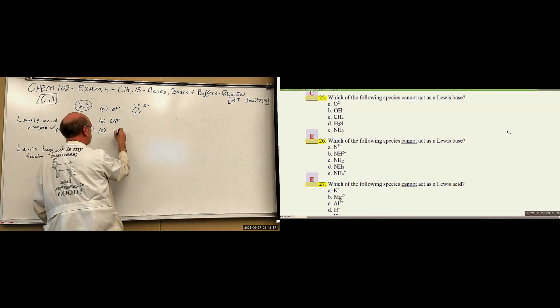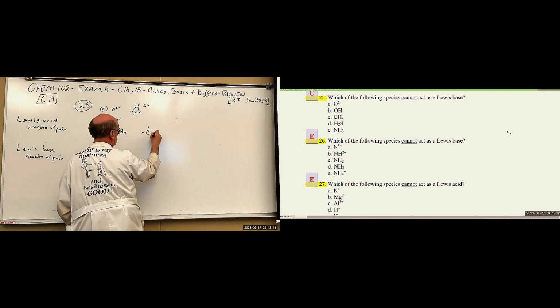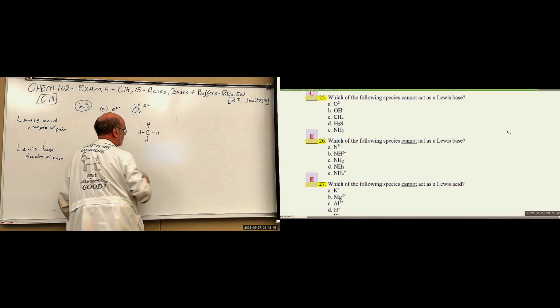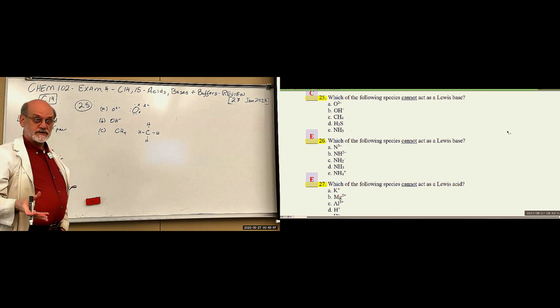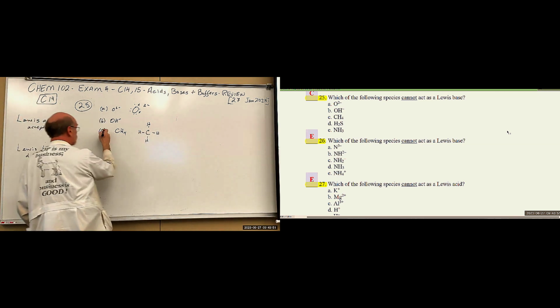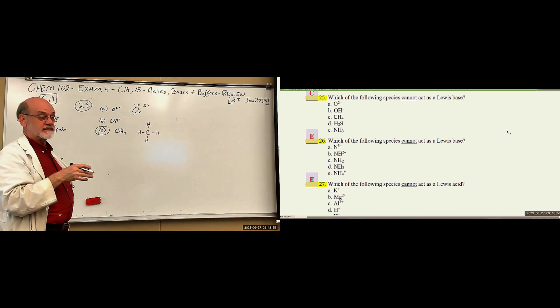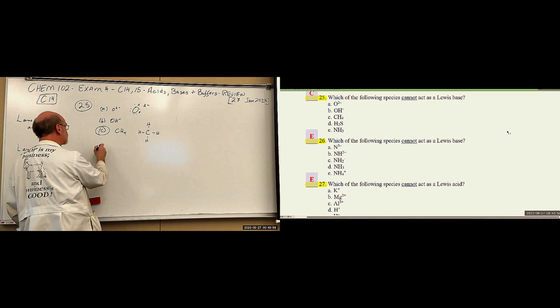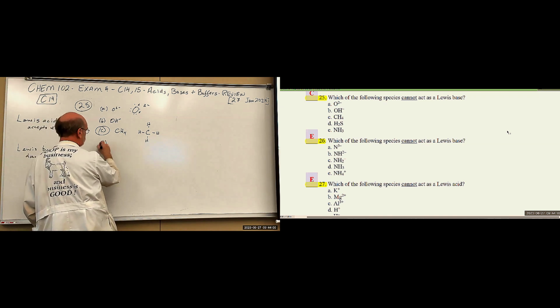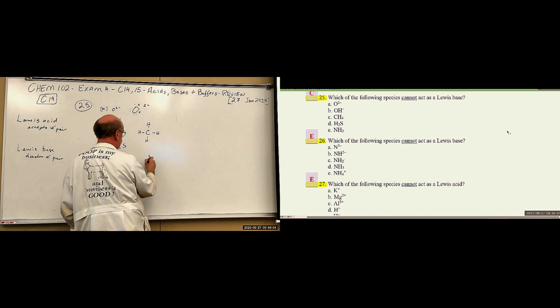How about CH4? Well, CH4 has no electrons to donate. They're all tied up in bonds. So this one would not be a good choice as a Lewis base. H2S, we drew the Lewis dot structure for that one.